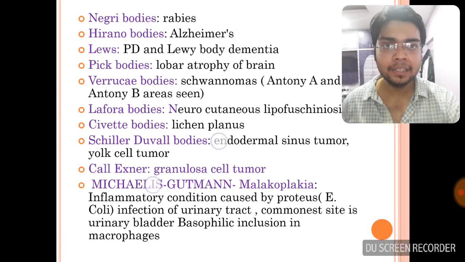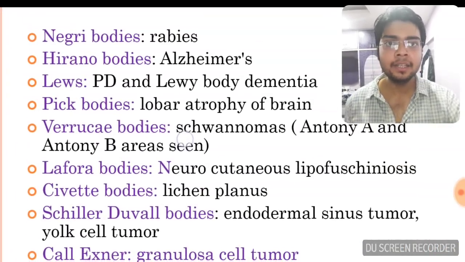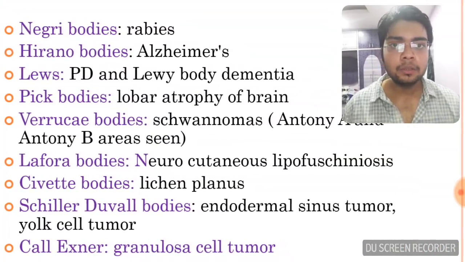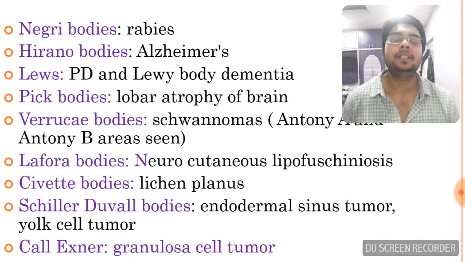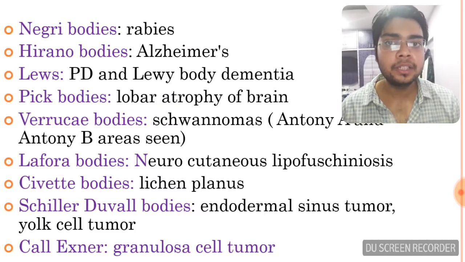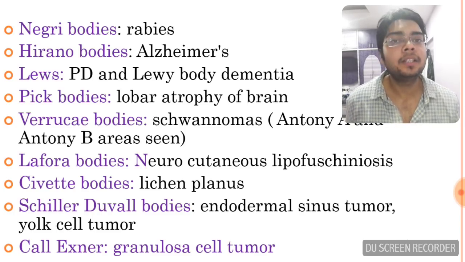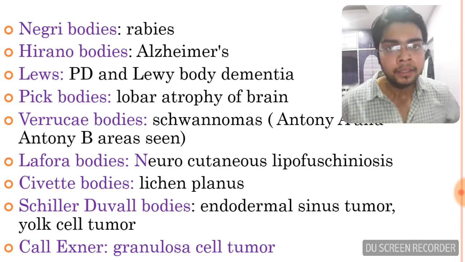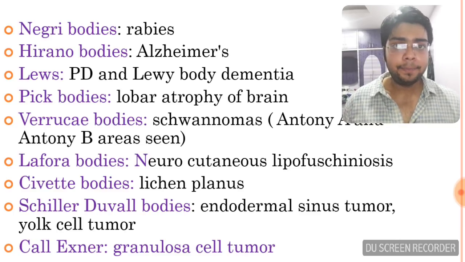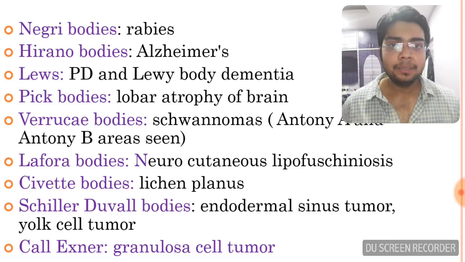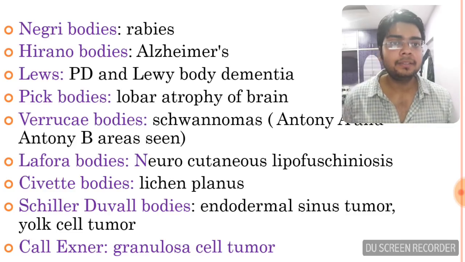Moving to next, the Negri bodies, you all know, rabies. Do see the picture by googling the Negri bodies. Hirano bodies, Alzheimer's. Actually you should see all the pictures by searching on Google, because they can ask anything related to the most important stuff. Now Lewy bodies in Parkinson's disease and Lewy body dementia.